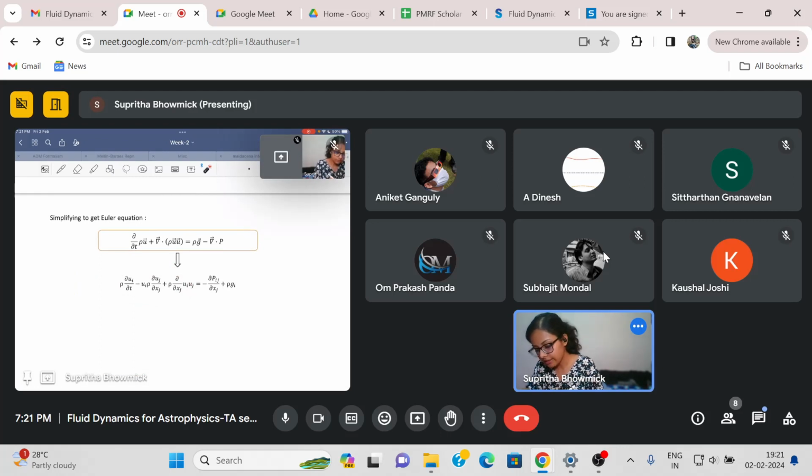And the right-hand side in component notation is given by this plus this. Is this fine? Yes, ma'am. Okay, thanks.